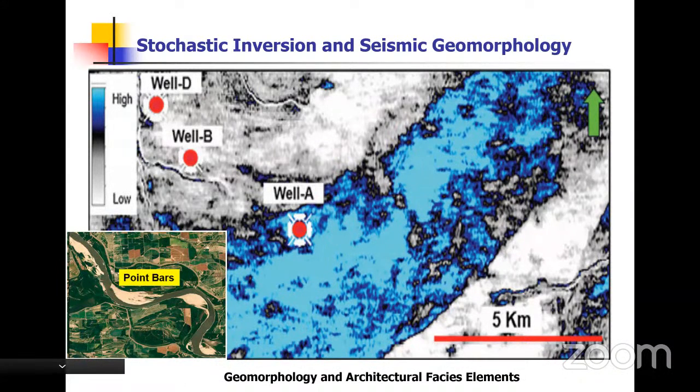Just to talk a little about geomorphology. So you can see this satellite imagery to my left here. You see the river extent, see some point bars around. And then when you look at the morphology of what you have on your seismic, obviously this is pointing toward a channel system.